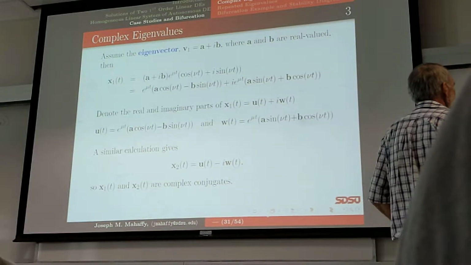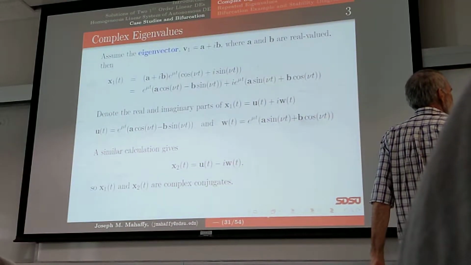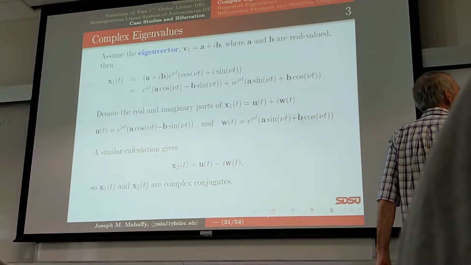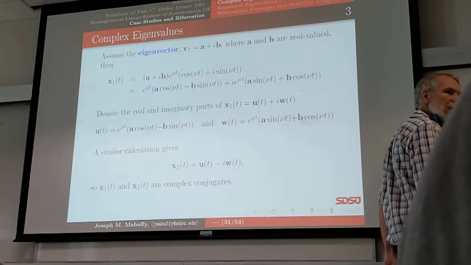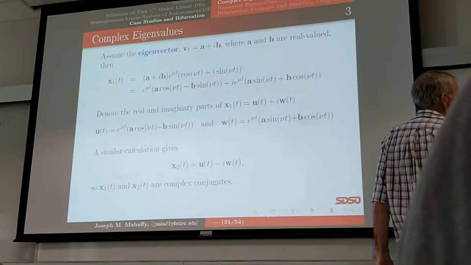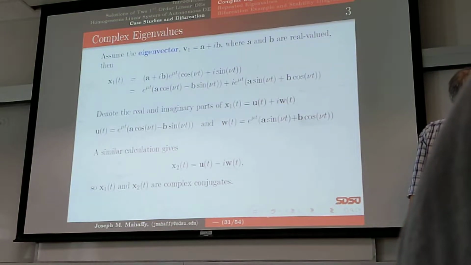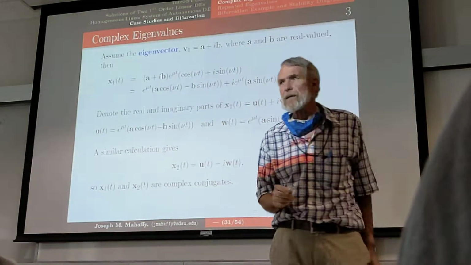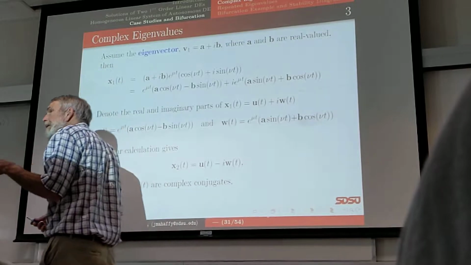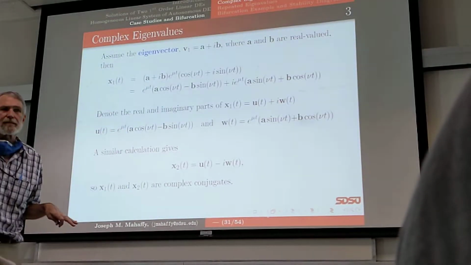Now remember, we have that x dot is equal to Ax. Now let me just change that to x dot minus Ax is equal to 0. Again, A is a real matrix.